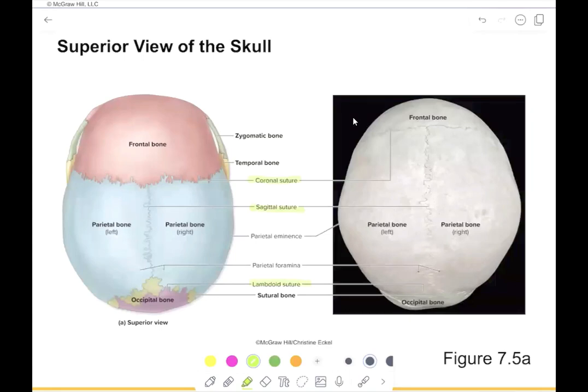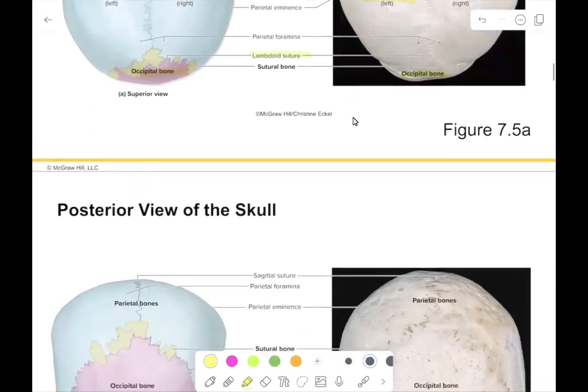Then, of course, the names of the bones, like the frontal bone, parietal bone, occipital bone, zygomatic bone, temporal bone. And we can see the same thing on the right side of your slide.